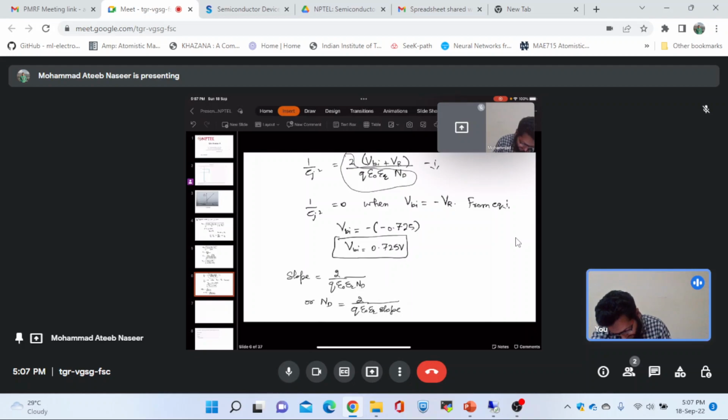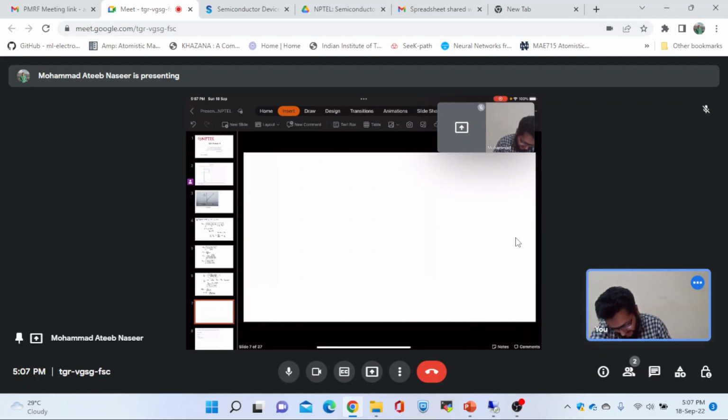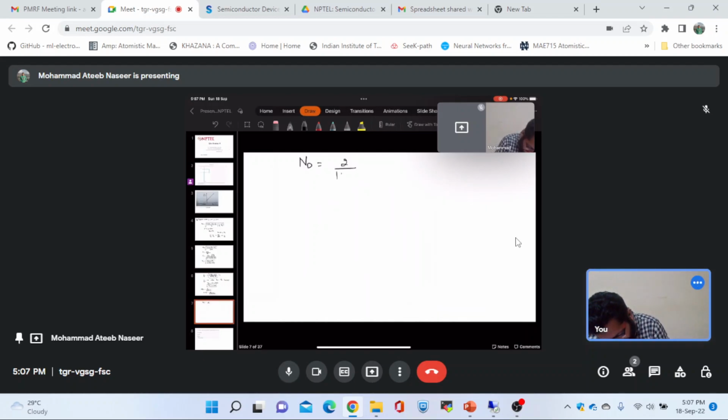So we know the slope value is 6.15 into 10 raised power 15. So we can write this Nd to be equal to 2 divided by q, which is 1.6 into 10 raised power minus 19, times epsilon naught into epsilon r, 11.7 for silicon as it's given, 8.85 into 10 raised power minus 14 farad per centimeter, into the slope.